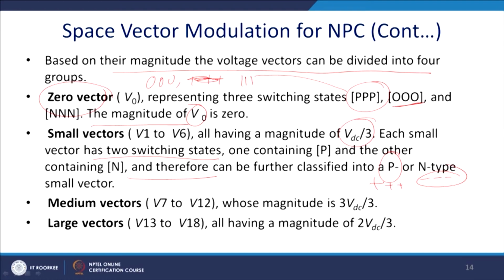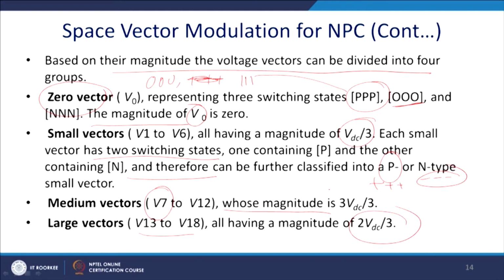Then there are the medium vectors, between V7 to V12, whose magnitude is √3 VDC by 3, and there will be the large vectors, the full length, which will be 2 VDC by 3.